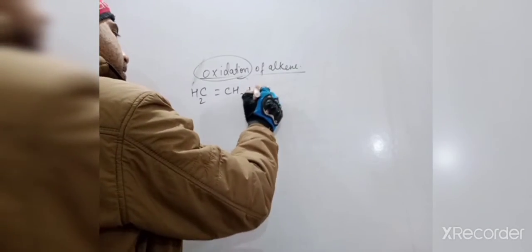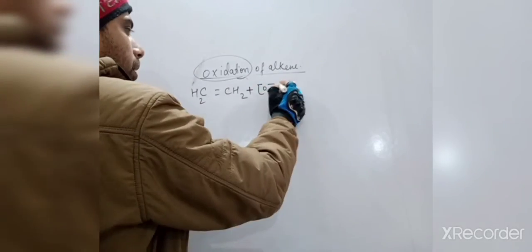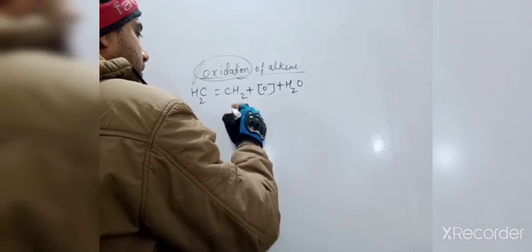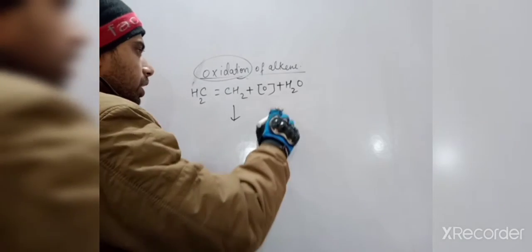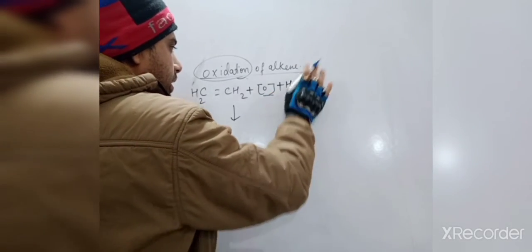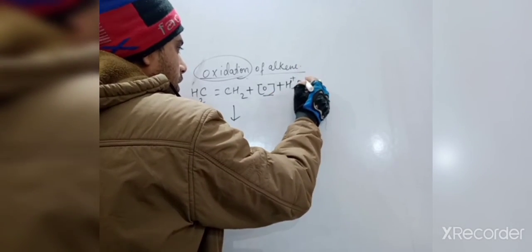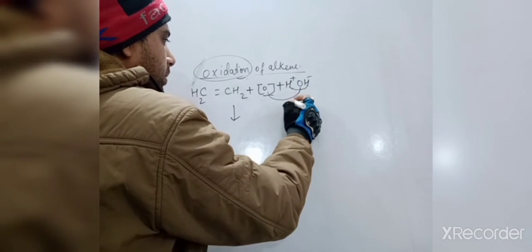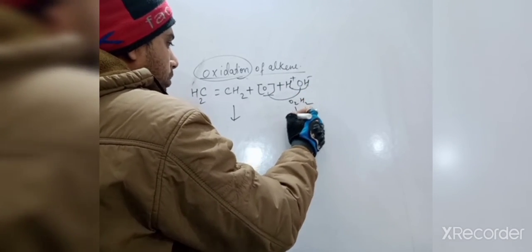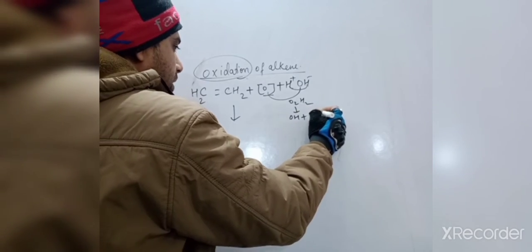So I take nascent oxygen, O, plus H2O, and every time it will give glycol. What is glycol? One O combined with water gives O2H2, which can be written as OH and OH.